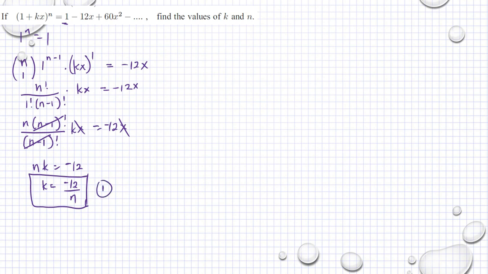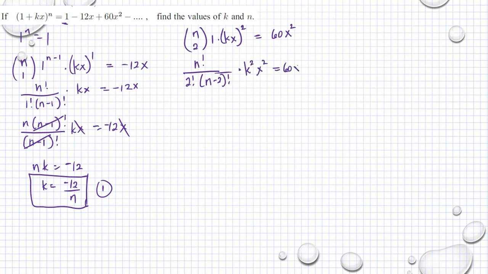Okay, next is we have n taken 2, wherein our a is still 1, multiplied by our b, which is kx, raised to our r, which is 2. That's supposedly equal to 60x squared. Then we have n factorial divided by 2 factorial multiplied by n minus 2 factorial, multiplied by k squared x squared, equal to 60x squared.